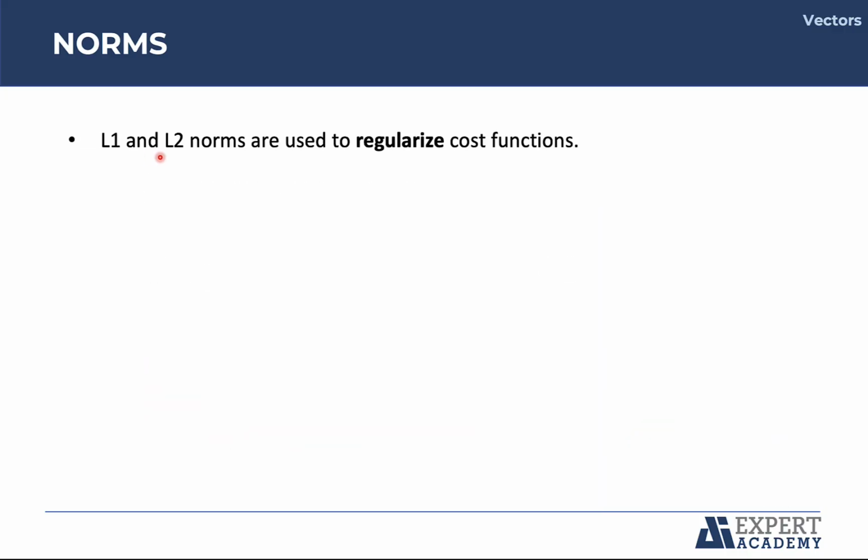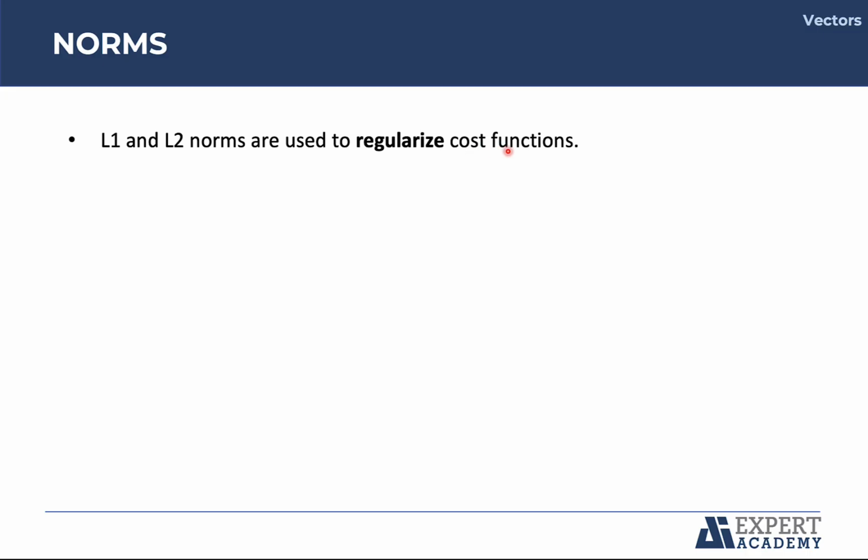In machine learning, we hear a lot about L1 and L2 regularization. These regularizations apply the respective norms to smooth cost functions.